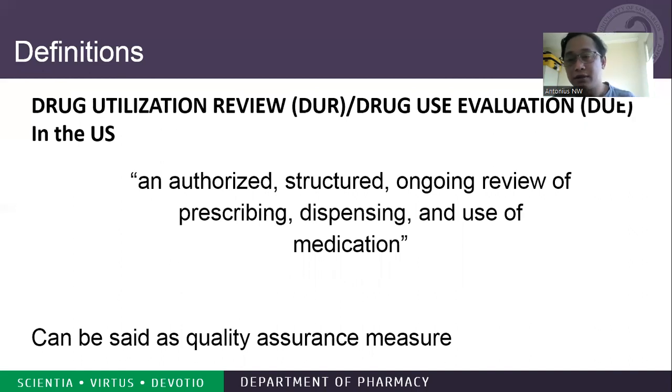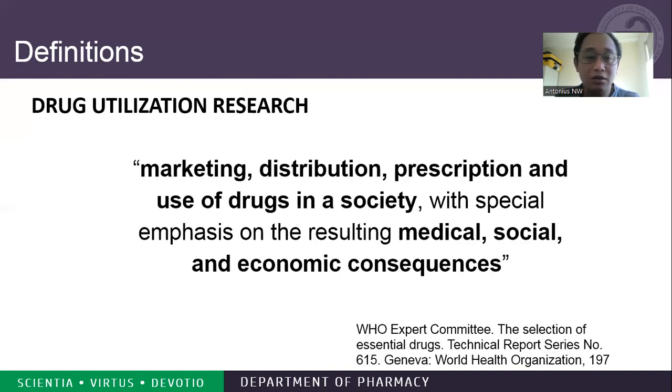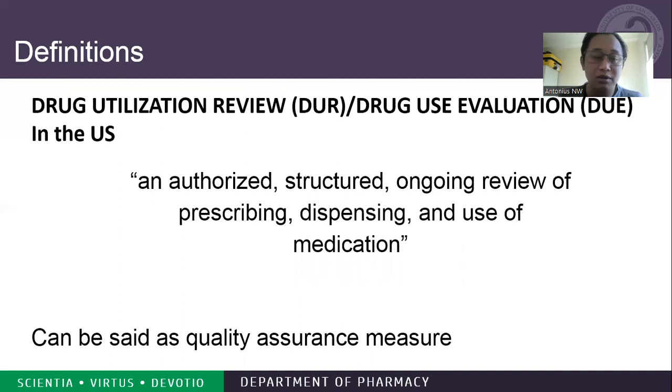And then, as I said in the beginning, there are some synonyms, and one of them is drug utilization review or drug use evaluation. It is used mainly in the US. So if you get a reference from the US, usually they call it drug utilization review or drug use evaluation.